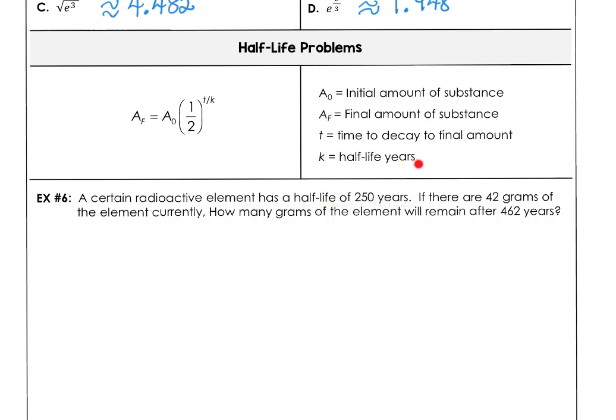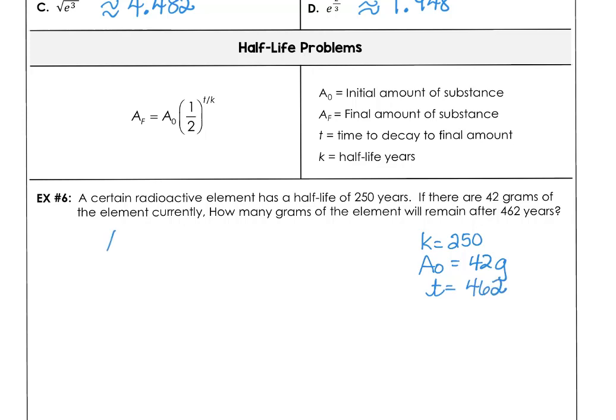So that's our K value. We know K is 250. If there's 42 grams, so our A sub naught is 42 grams. How many grams will remain after 462 years? That's our time. So 462.